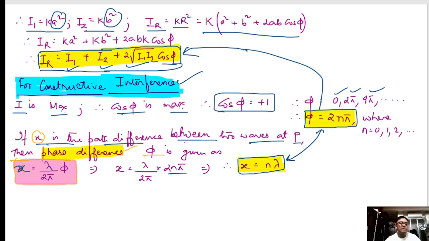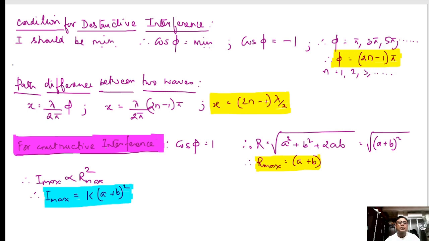Let us now find out the condition for destructive interference, where there will be a dark band. For the formation of dark bands, what will be the condition? Cos phi should be minimum, and the minimum value of cos phi is -1.